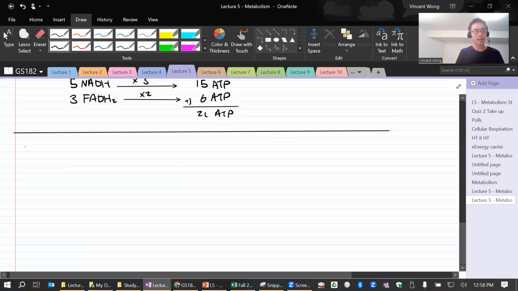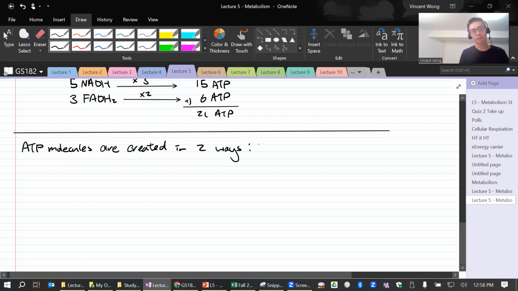So let's talk about ATP production. ATP molecules are created in 2 ways. The name is really long. Just write down first and then I'll explain.